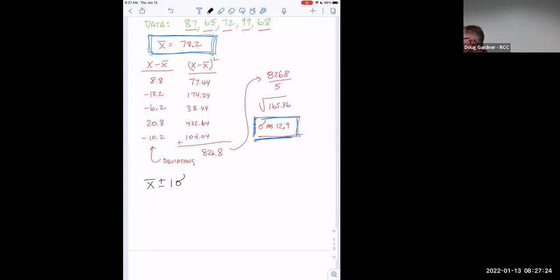Notice we're not saying what direction that 12.9 is. So I'm going to take 78.2 plus 12.9, and I get 91.1. And if I take 78.2 minus 12.9, I get 65.3.